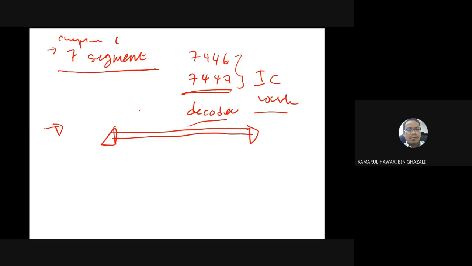Give more focus on designing a circuit by using KMAT given the truth table. And the last, chapter 6, combinational logic function, has marks, but give more focus on decoder, specifically on 7446 and 7447.